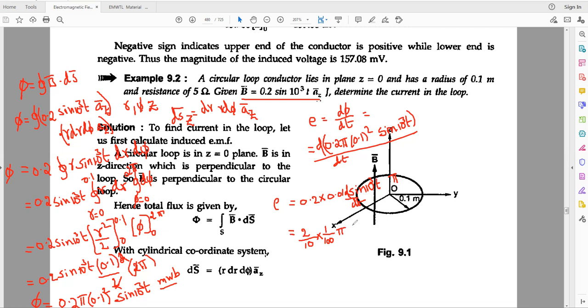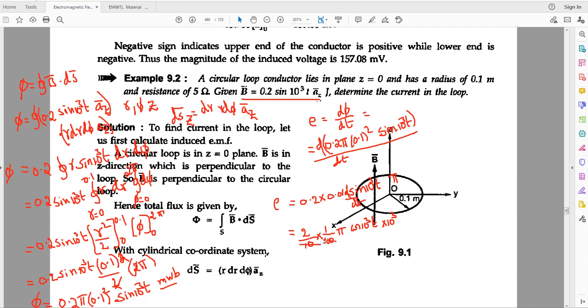Now, what is the derivative of sine 10 cube into t? It's cos 10 cube into t, and again the coefficient of t is there. That is 10 cube. Got it, my dear students? So E is equal to cos 10 cube into t into the t coefficient, which is 10 cube.